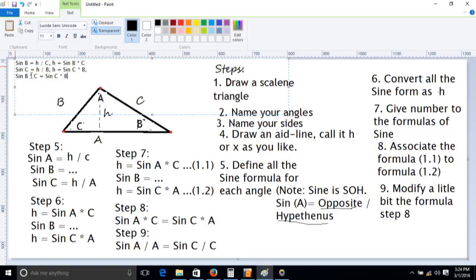So sine B times c is equal to sine C times b.